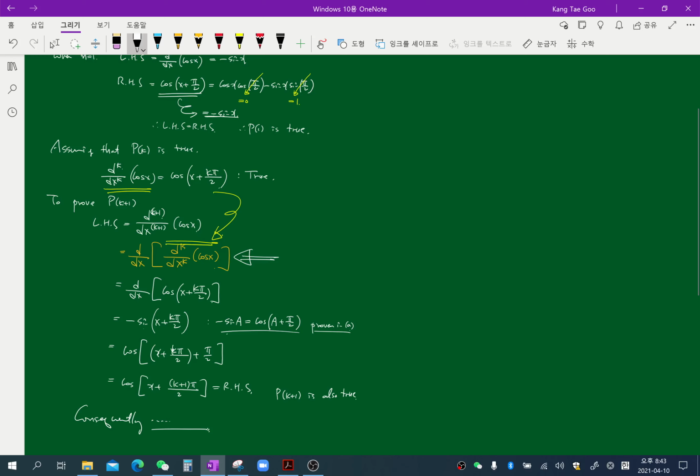The kth derivative differentiated once is the k plus first derivative of f(x), right? That is the key: d/dx of the kth derivative of f(x). Yeah, putting this inside is the key, I think. Okay.